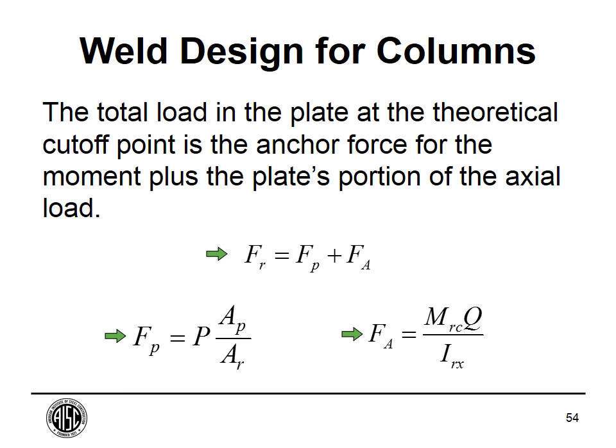It's going to add on one side of the column and subtract on the other side. Now, I will say this. F sub P is probably, for almost every case you have out there, at least, I would say, 90% of F sub R. In other words, F sub A is usually pretty small.